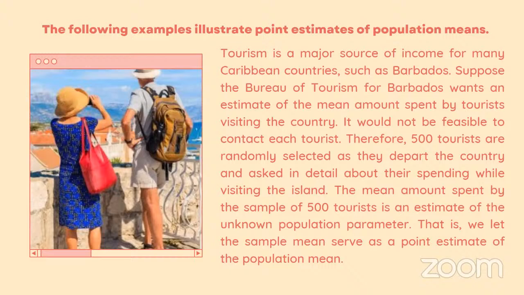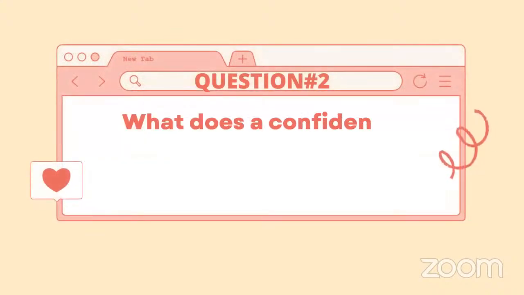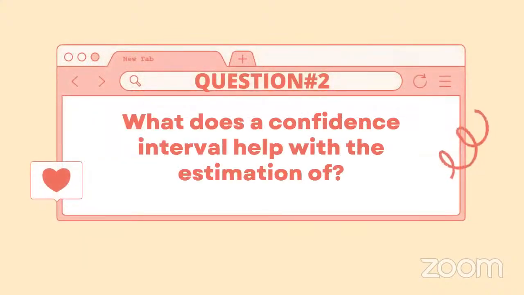That is, we let the sample mean serve as a point estimate of the population mean. Question number 2. What does a confidence interval help with the estimation of?